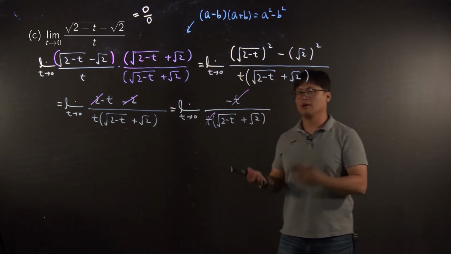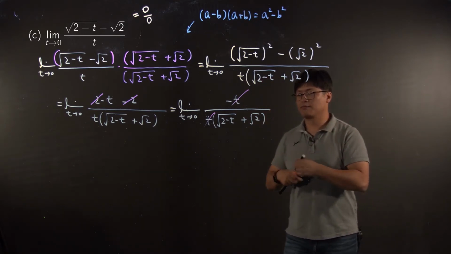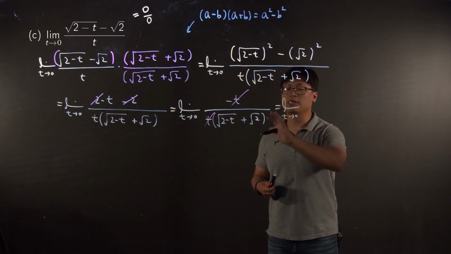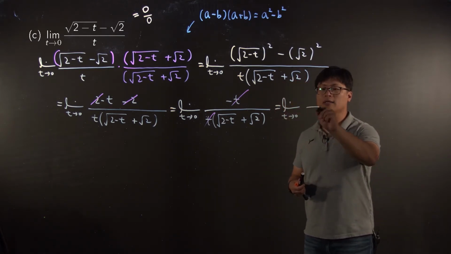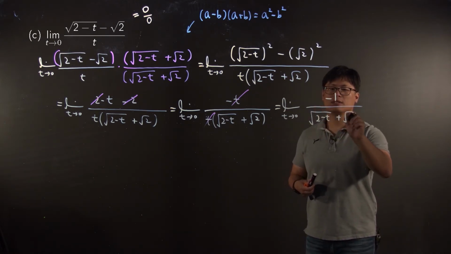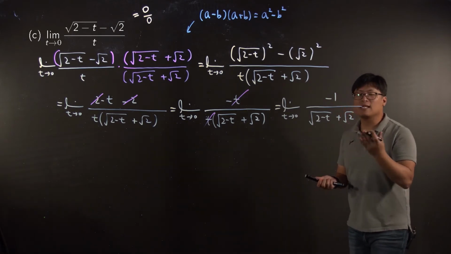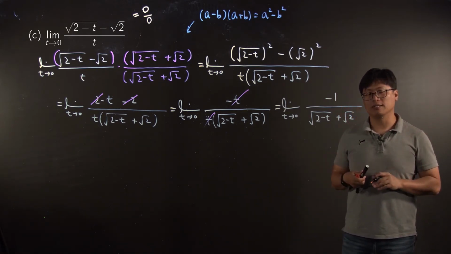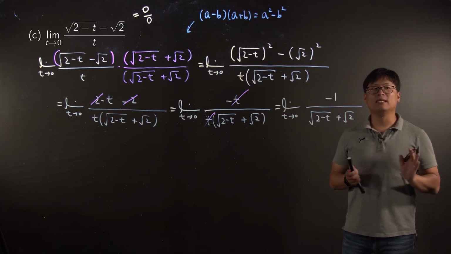Cancel it out, okay? So let me keep writing the limit because we didn't take care of the limit yet. Negative 1 over square root of 2 minus t plus square root 2. Since we cancelled out the zero factor, there's no problem to plug in t equals 0 now. It's not indeterminate form anymore.